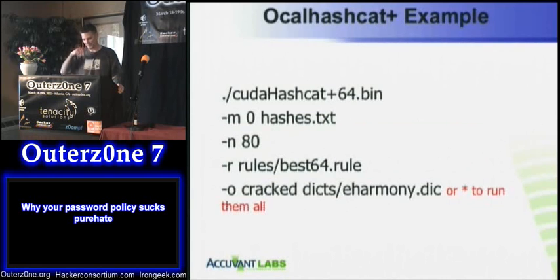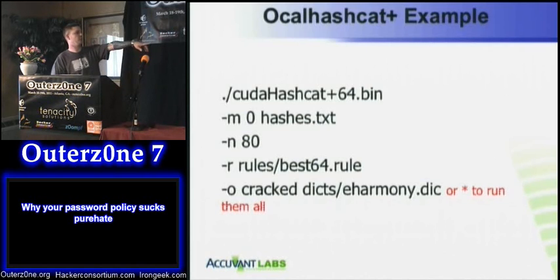An example of that being run would be right here: the M flag, which is MD5, then our hash as text. N is actually kind of a nice level. There's between 1 and 160. It depends on your GPU and the shaders and the clocks, which nice level works the best for you. For me, it's 80. Generally, it's 80 for NVIDIA and 160 for ATI.